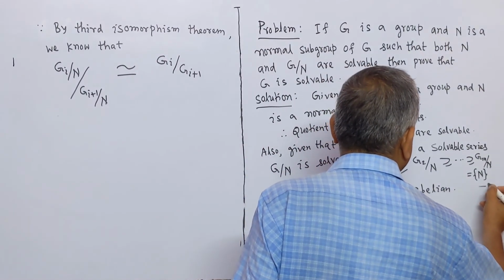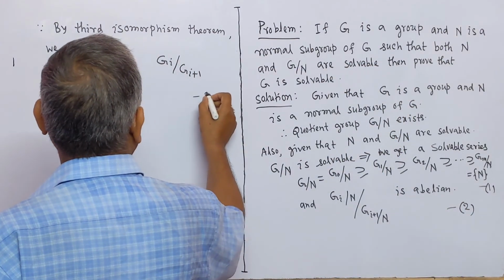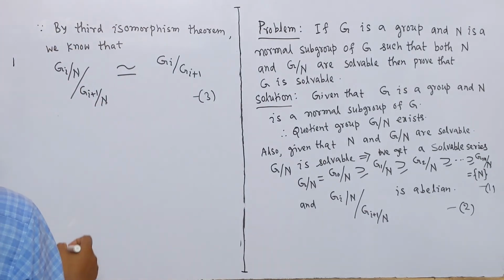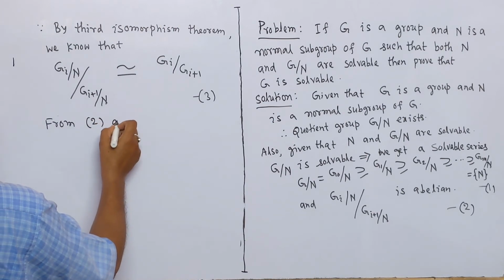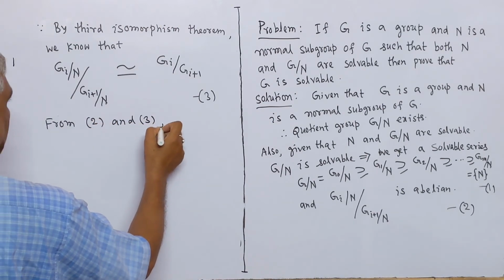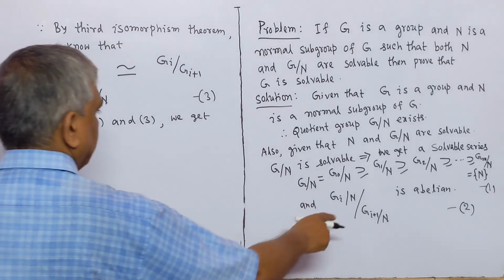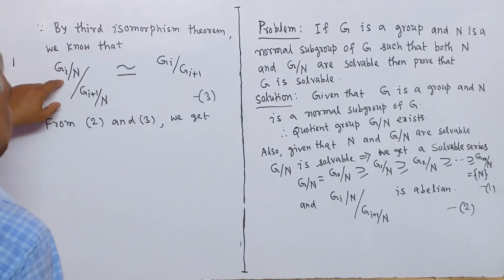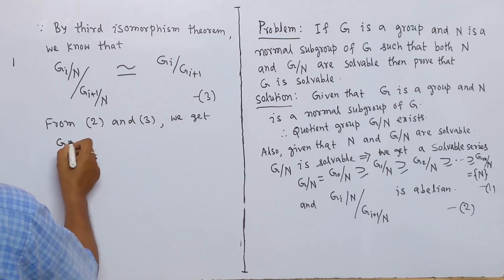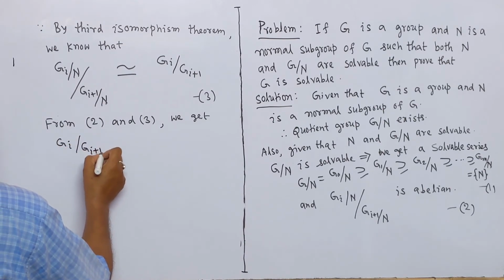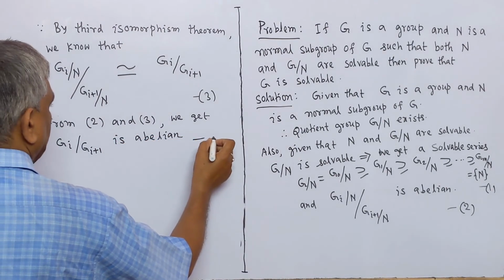Let this be number 1, this is number 2, and this is number 3. From 2 and 3 we get that the left side is abelian, therefore the right side is abelian: Gi by Gi plus 1 is abelian. This is number 4.